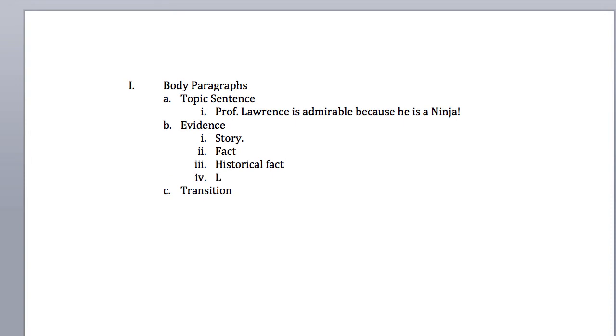It may be logical. But whatever the case, your evidence would have to be in support of your topic sentence. Additionally, you would want to explain why your evidence proves your point.